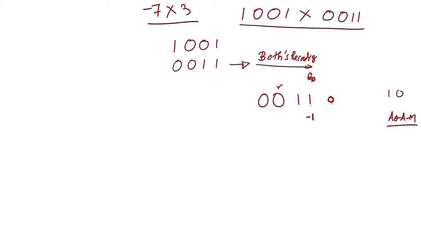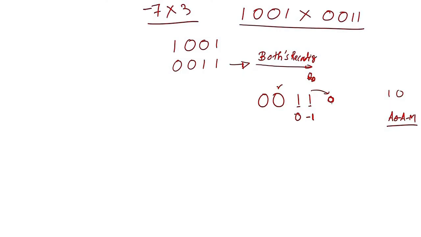Next, this 1 will come here and 1 will come here, that means 1 1. Now, we compare this position and this position. If it is 1 1, we are not doing any multiplication, addition or subtraction, so we can put 0 here. Next is 0 1, that means 1 is the end of the block, so we have to add it.